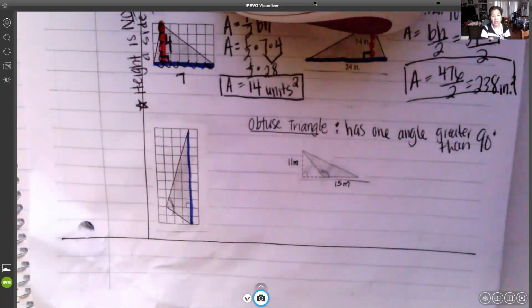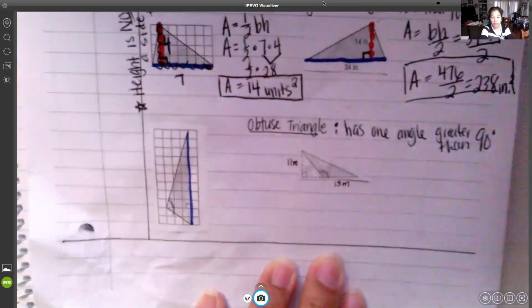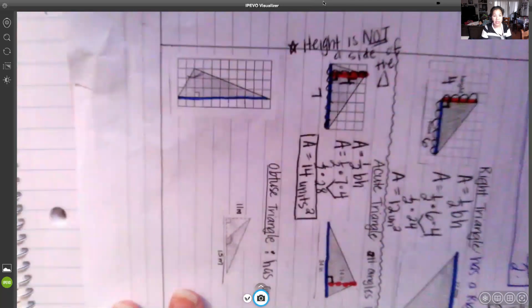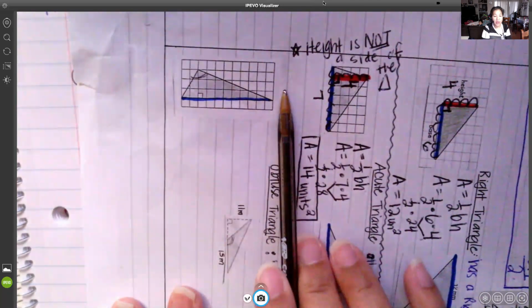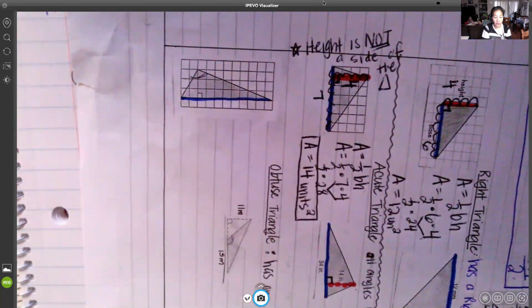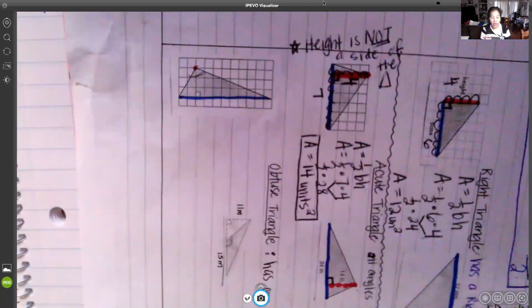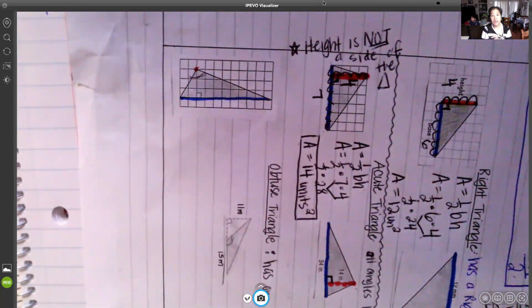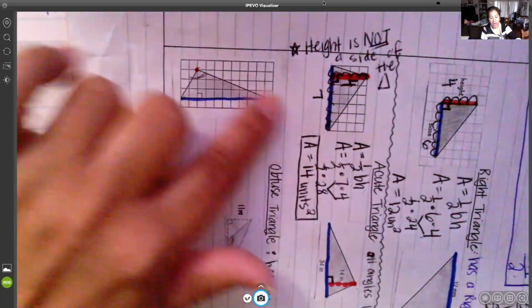Now again, our height. If that's my base, I'm going to turn my paper around. That means that's the bottom, and my tallest angle will be this one across from it. Just like the acute triangle, the height of this triangle is not going to be one of the other sides of the triangle.